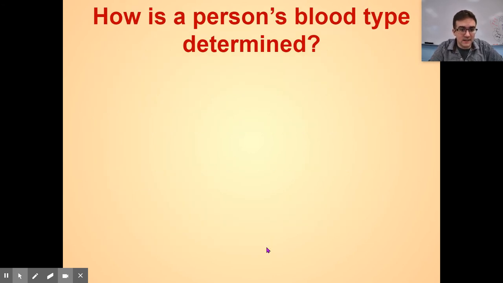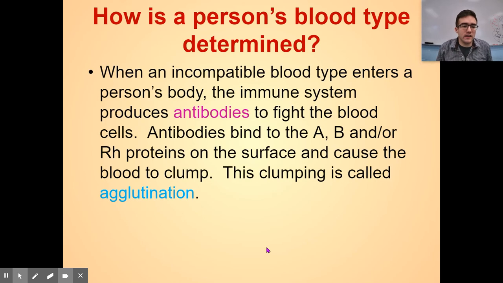So back in the old days, before we could just run it through a machine and it tells us, what they would do to figure out a person's blood type is, since the immune system triggers a response if the wrong blood type is in it, if the wrong blood type's added to a different set of blood, it would cause agglutination, or the blood will clump. All right.